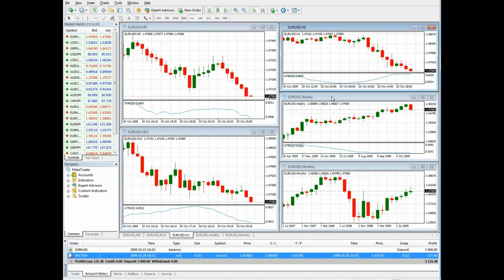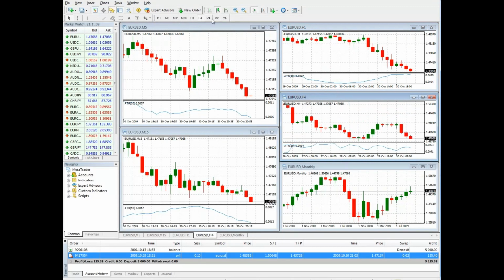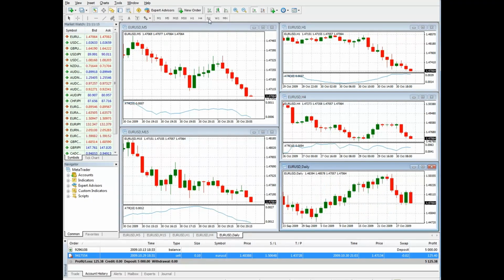Have to have an hourly chart everywhere. 4 hours. And down here, we're going to go with daily. Okay. So there we have that.